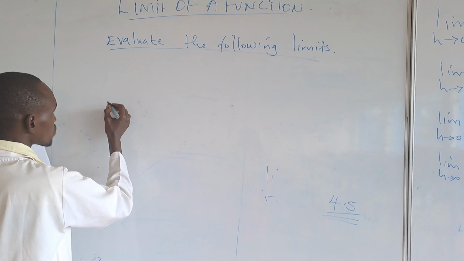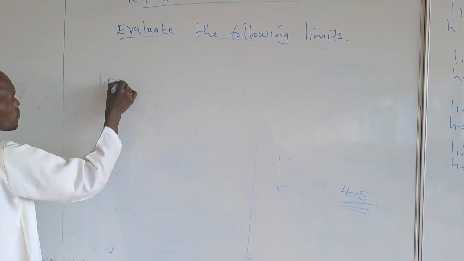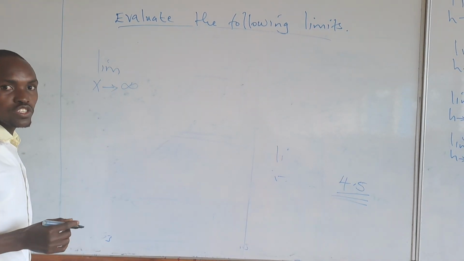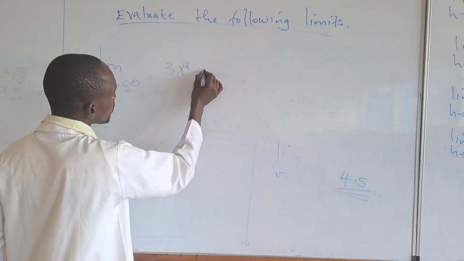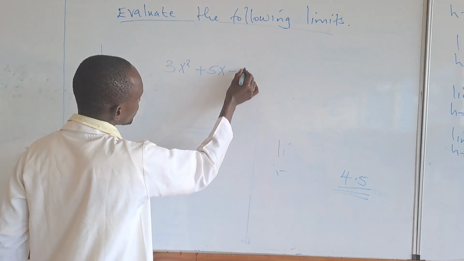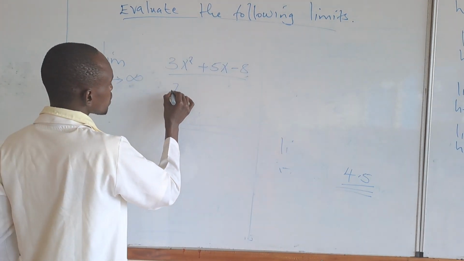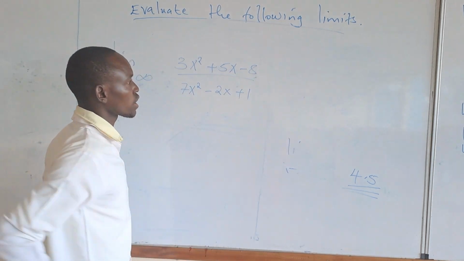For example, let's have this example. If we are given the limit as x tends to positive infinity of 3x squared plus 5x minus 8 over 7x squared minus 2x plus 1.